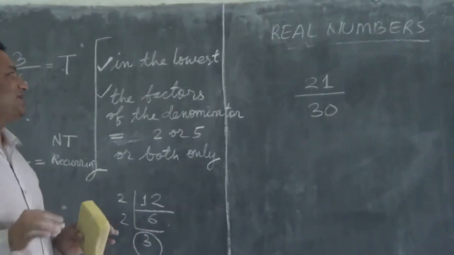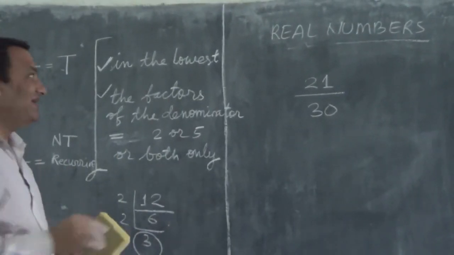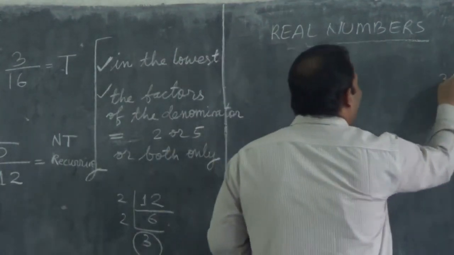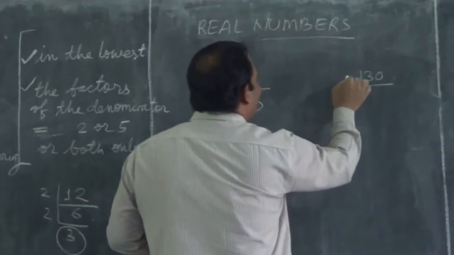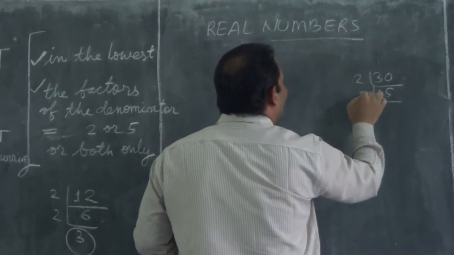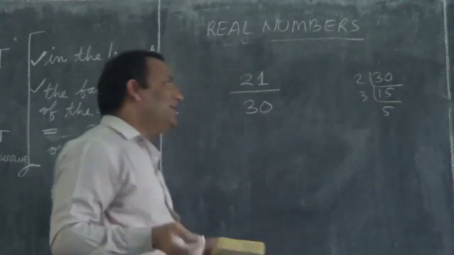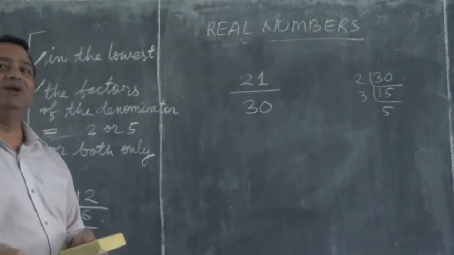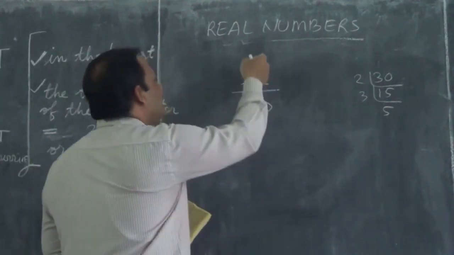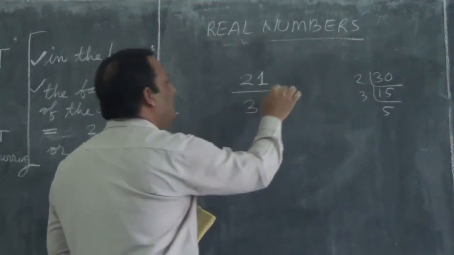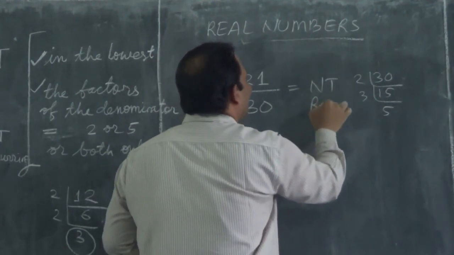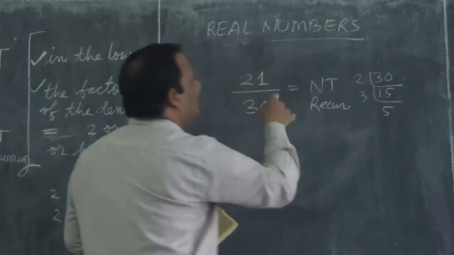Here, if you ignore whether it is in the lowest term or not, and in a hurry look at the denominator, as sir had told, if it is only 2 or 5 or both, then it will give terminating, otherwise non-terminating. Then you will say, sir, this answer is non-terminating and recurring.